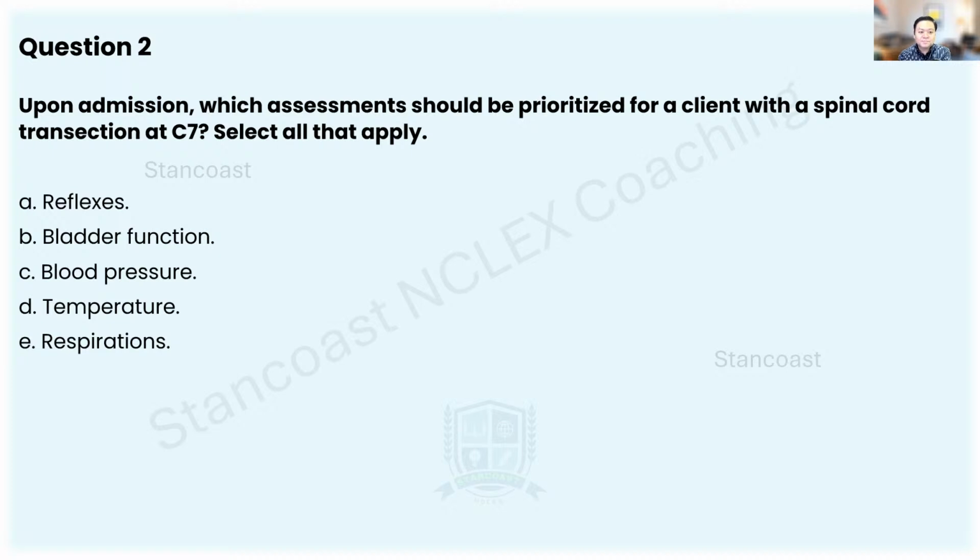Upon admission, which assessment should be prioritized for a client with a spinal cord transection at C7?